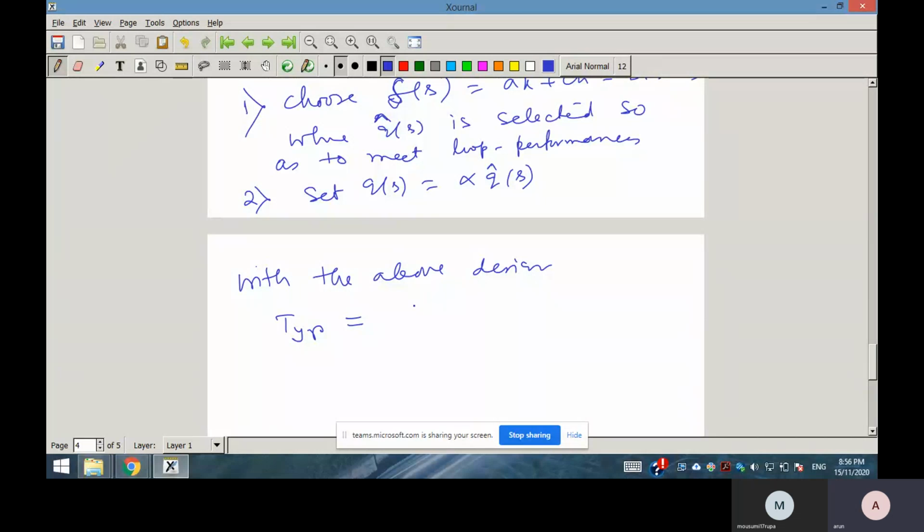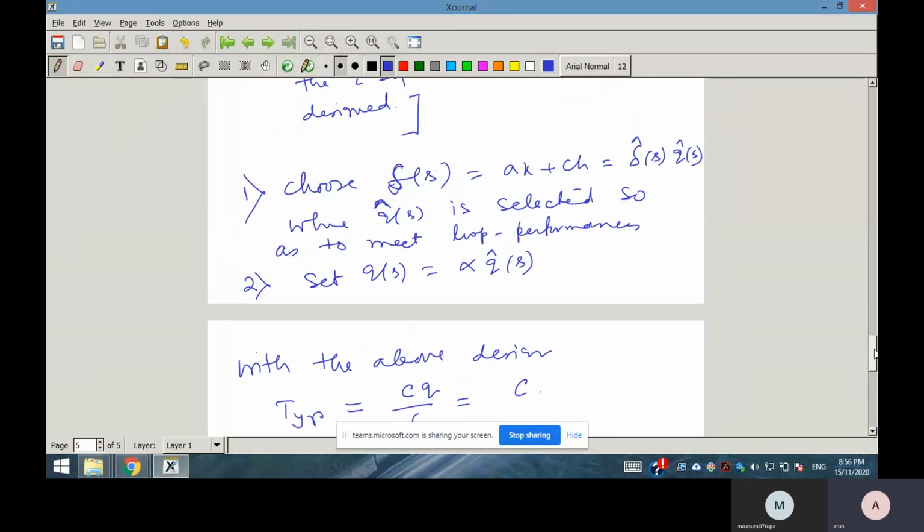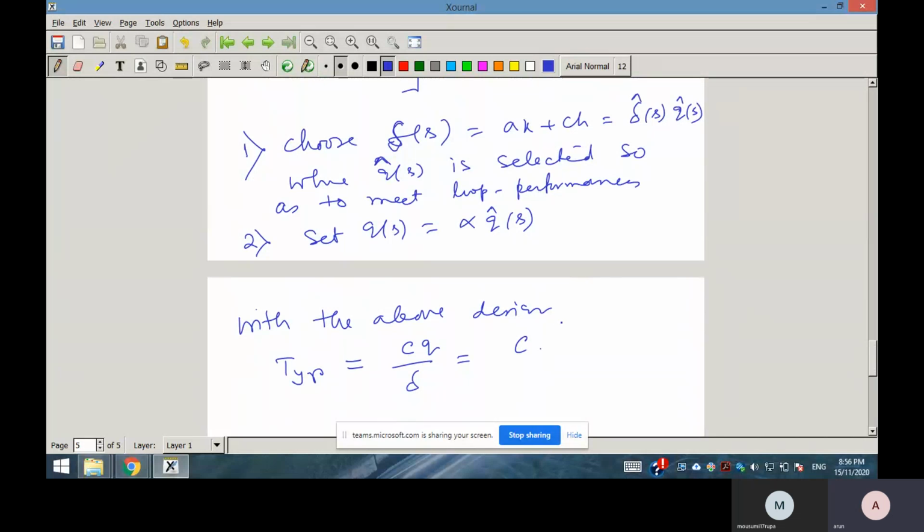With this setting, TYR will be CQ divided by delta. That is C into Q, where Q you have chosen alpha into Q hat, and delta you have chosen delta hat into Q hat. So this will get cancelled. That means it is equal to alpha into C divided by delta hat.